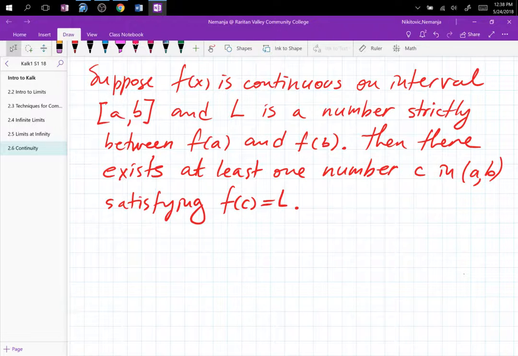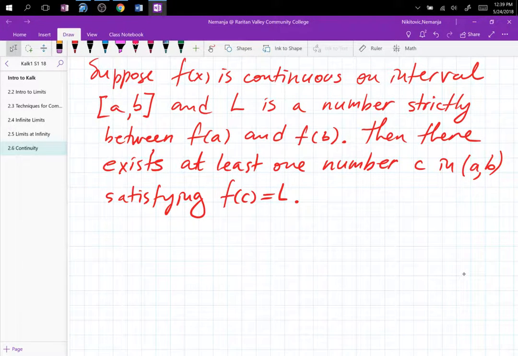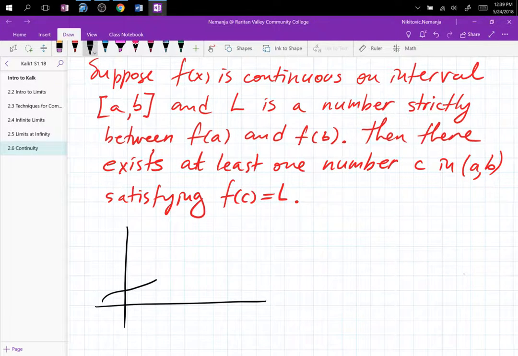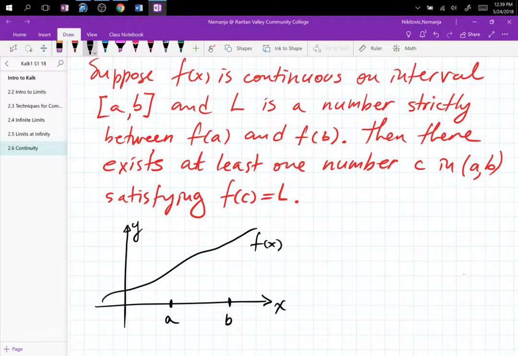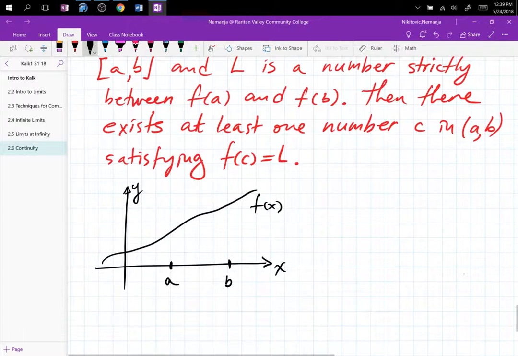Now, we don't use this directly in the form that it's written, and its meaning is very simple, but it leads to solving equations. So the meaning of this statement is you have some kind of a continuous function f of x in your coordinate system xy, as you know, and then you have the interval a to b on the x-axis.